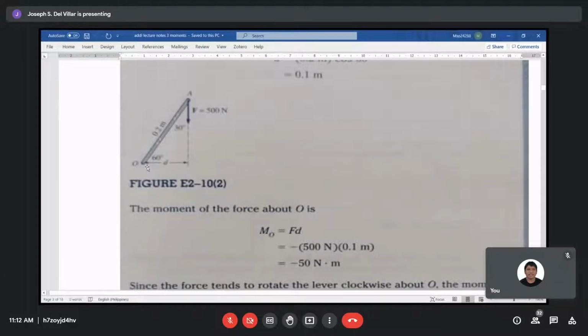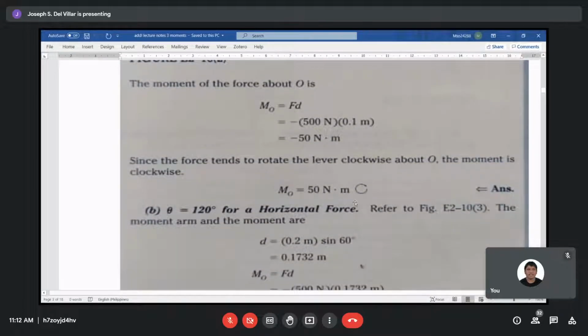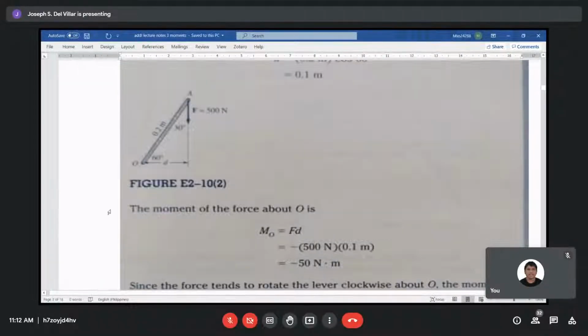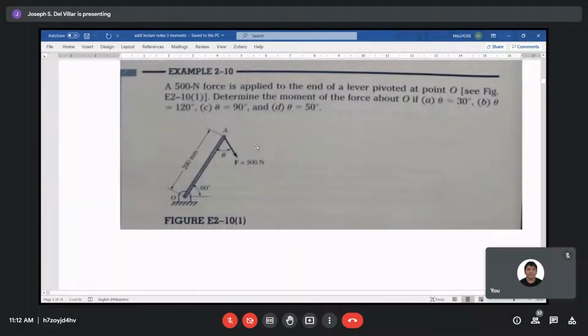Kinuha yung distance times the force, 30. Okay, so if this is 30, so kinuha muna yung, hindi kasi naka-scale. No? So if this is 30, and this is 60, so this must be a right triangle. Okay? So nandito yung force, it is vertically downward.